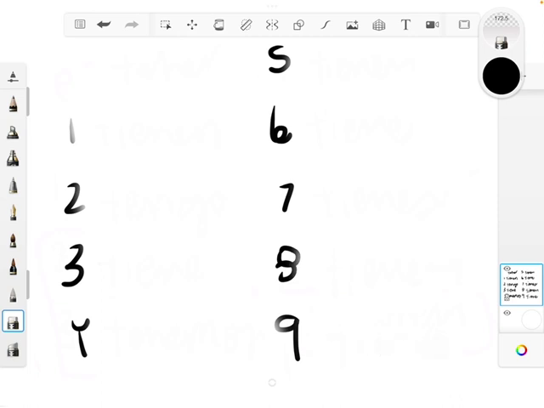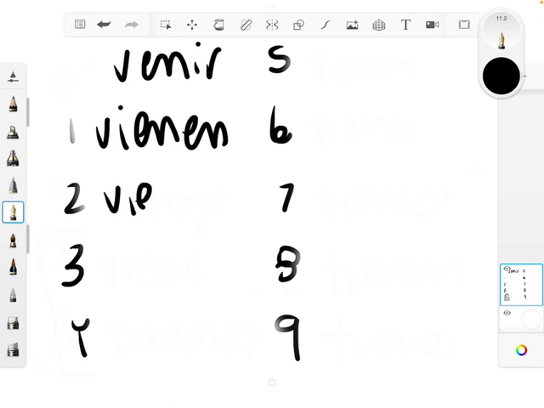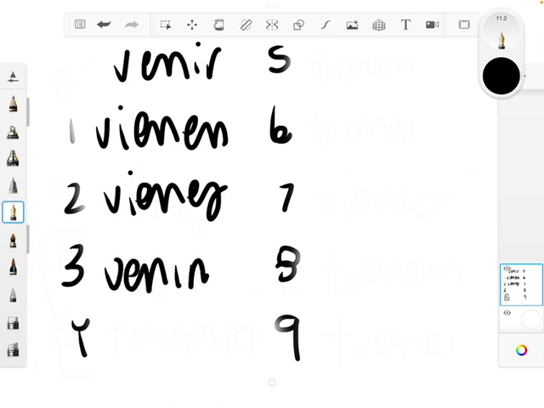Okay, and now the verb venir. Mis padres vienen de México. Tú vienes de España. Nosotras venimos de Cuba. Pepe viene de Argentina.